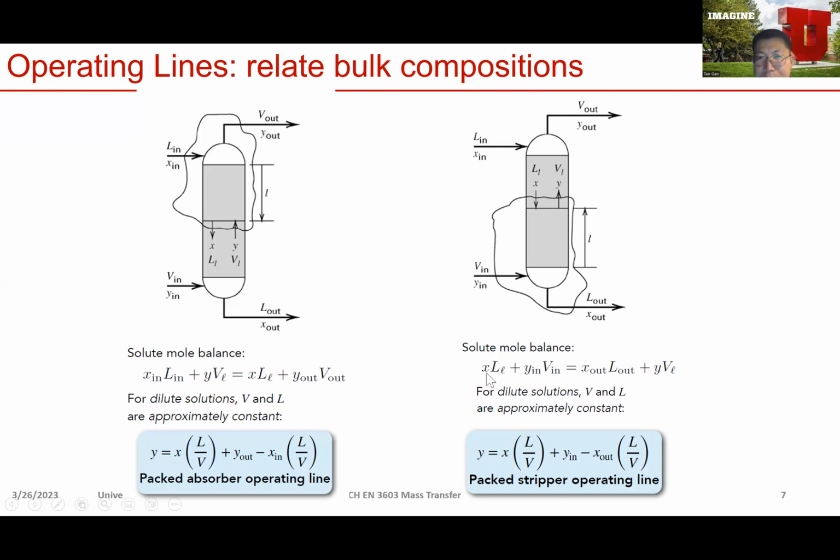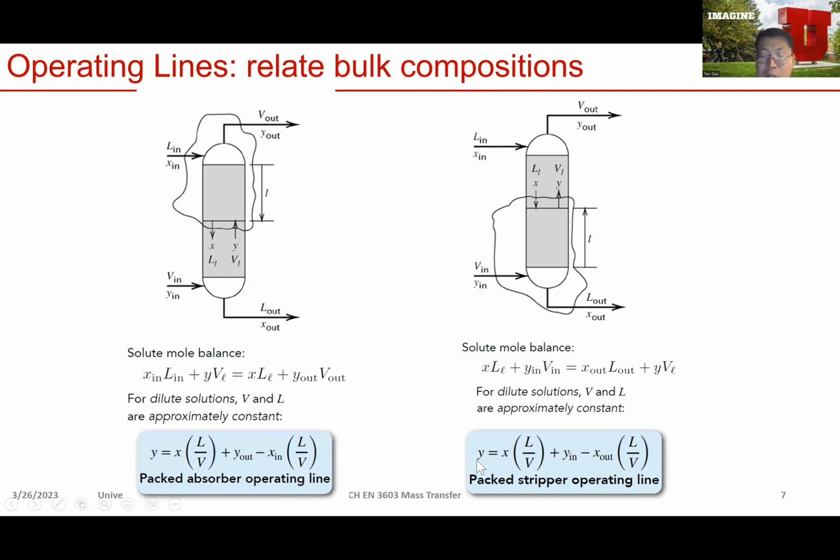So this is what's coming in, plus in the liquid, what's coming in from the gas phase equals what's going out in the liquid and vapor phase. And again, for dilute solutions, V and L are constants. Then you can just move all Y terms to the left, X terms to the right, and divide by V on both sides, and you get this equation, right?